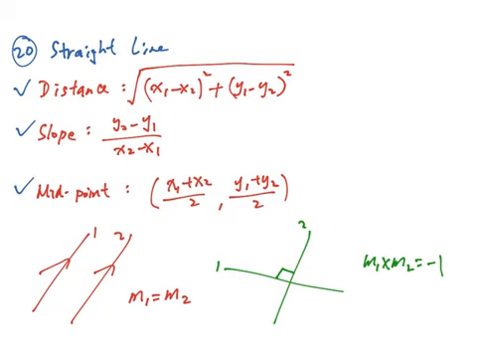The midpoint is x1 plus x2 divided by 2, y1 plus y2 divided by 2. Next is about the slope. When two lines are parallel, their slopes are equal. If two lines are perpendicular, that means right angle, so the multiplication of their slopes is equal to -1.